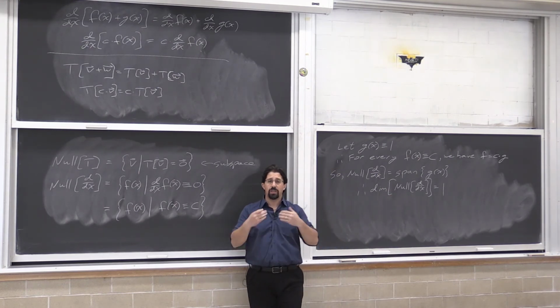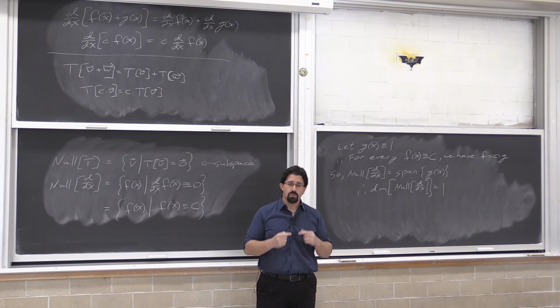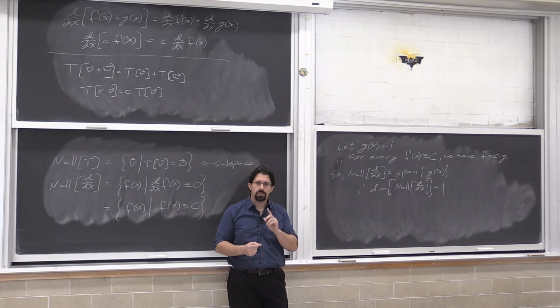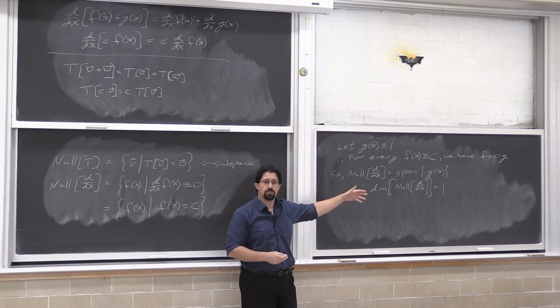We are trying to undo it. The solution doesn't have a derivative in it. So we're trying to undo a derivative, so we expect there to be 1 degree of freedom. We expect there to be something of dimension 1 as our solution.